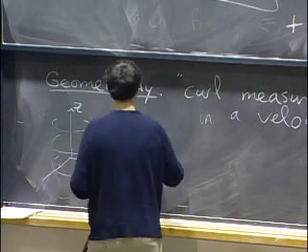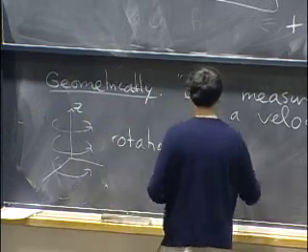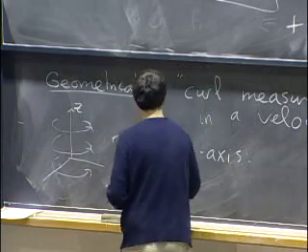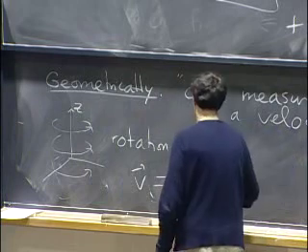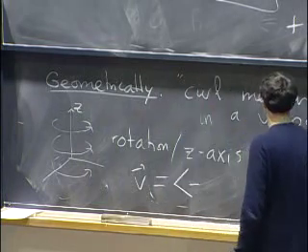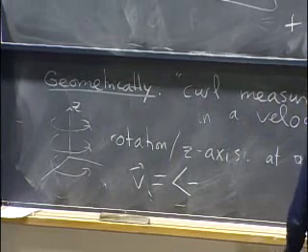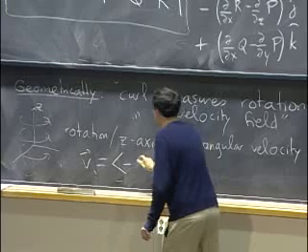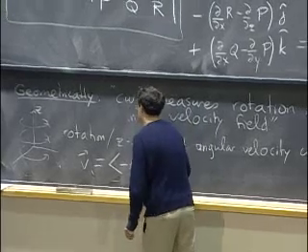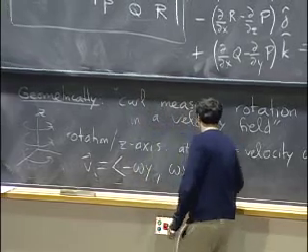So if I take rotation about the z-axis, that's given by a velocity field with components, let's say at angular velocity omega, negative omega times y, then omega x, and 0.